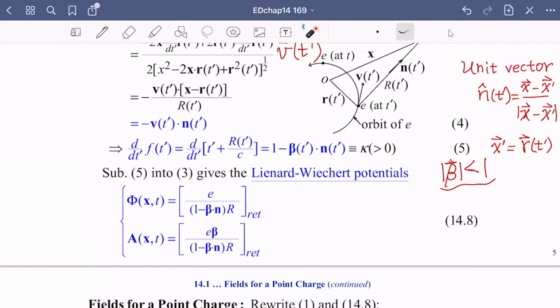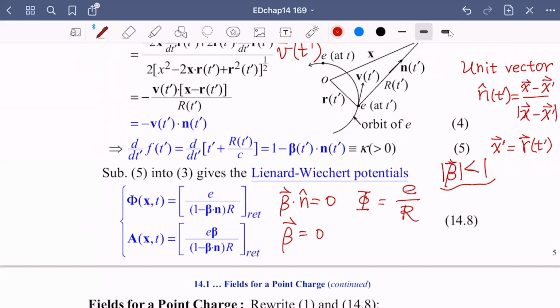Because it's very easy. Just imagine if beta, the particle is at rest, stationary, does not move at all. Then beta will be 0. Beta exactly equals 0. So phi is just simple, R over c.